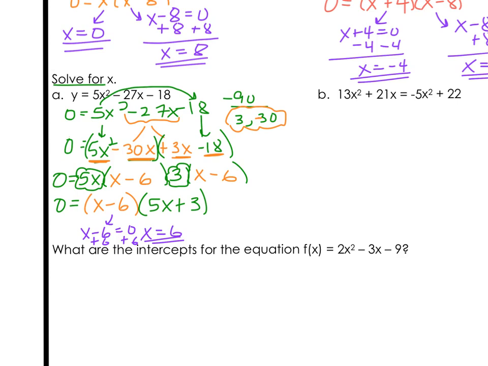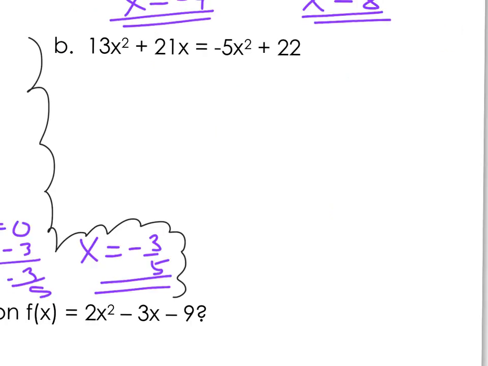Whenever you have that a value that's other than 1, that's likely going to indicate that one or both of your x-intercepts are going to be fractions. If we set 5x plus 3 equal to 0, move the 3 over, and then we have to divide by 5, we would get x equals negative 3/5. And there you have your 2 x-intercepts when you're solving for x.